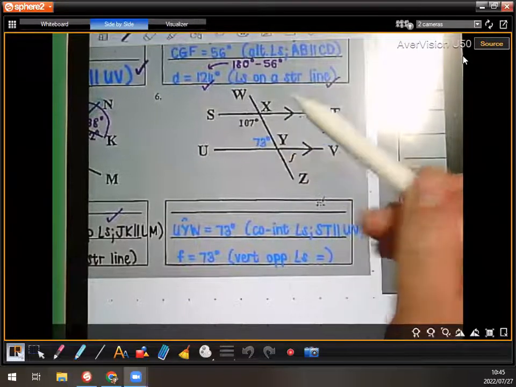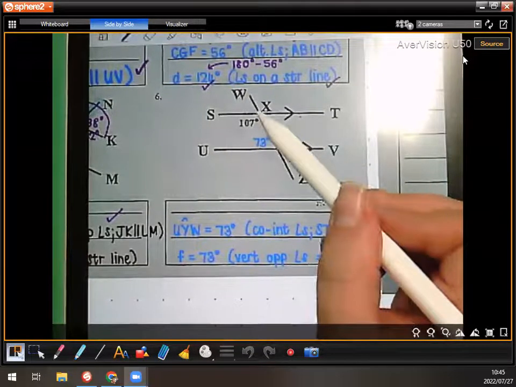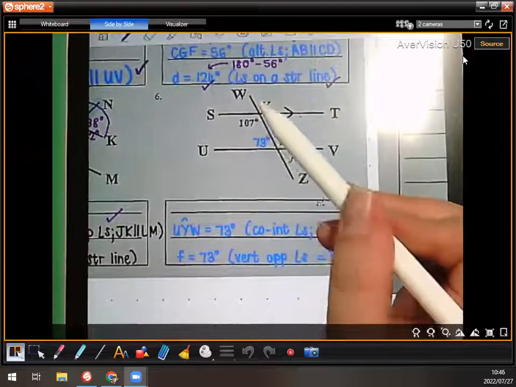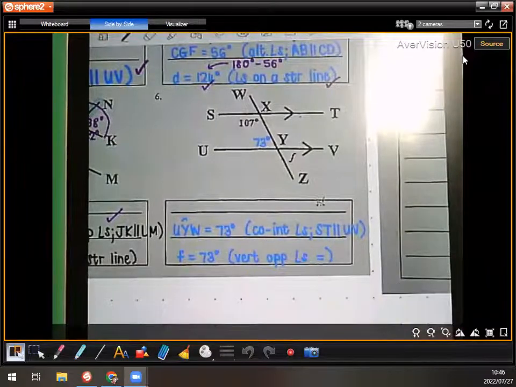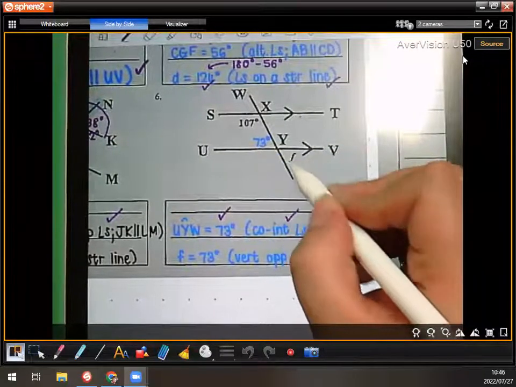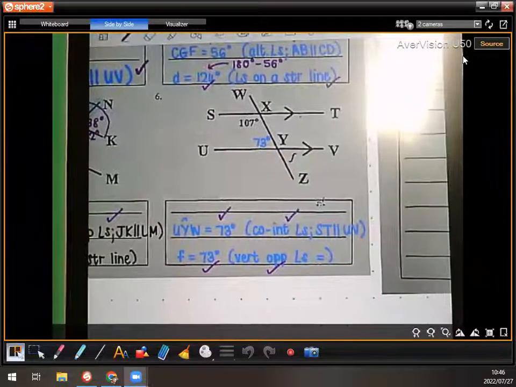So what's the name of this angle? UYW or UYX. Okay? Or WYU or XYU. So that was 73 degrees because of co-interior angles. And then I did vertically opposite angles. Okay. So 2 marks for that.